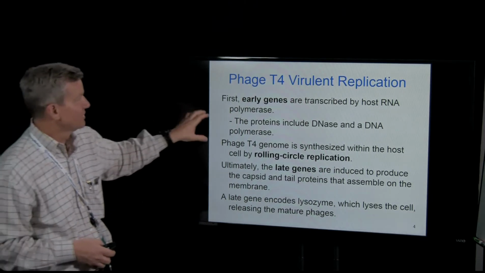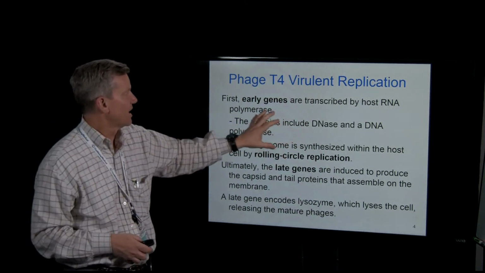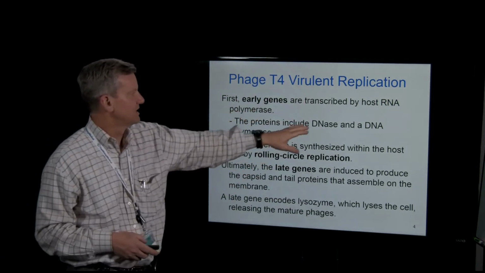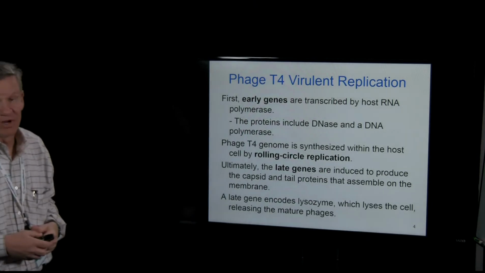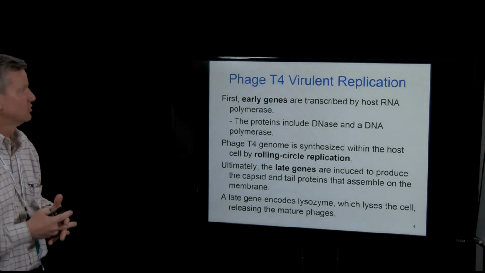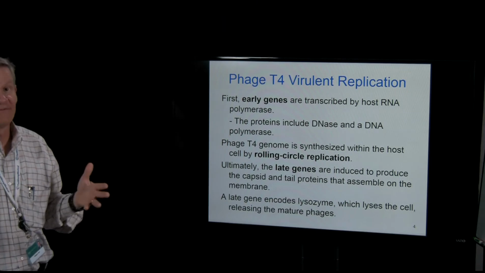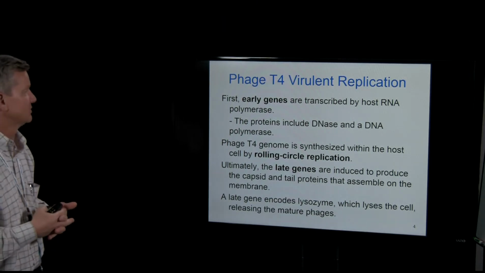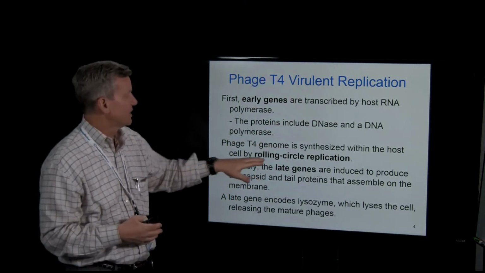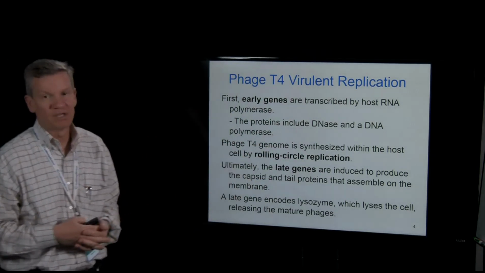And the first proteins that are translated from the early genes are DNase and a DNA polymerase, because after all, with a DNA polymerase, we want to replicate the genome. So the bacteriophage makes its own DNA polymerase. And then the genome is synthesized by something called rolling circle replication.